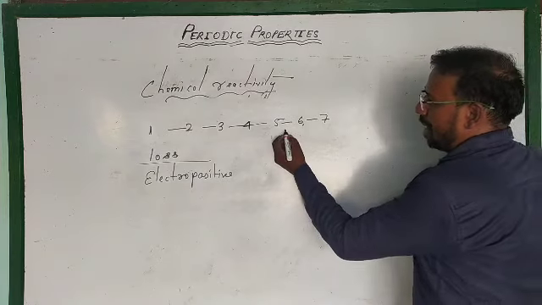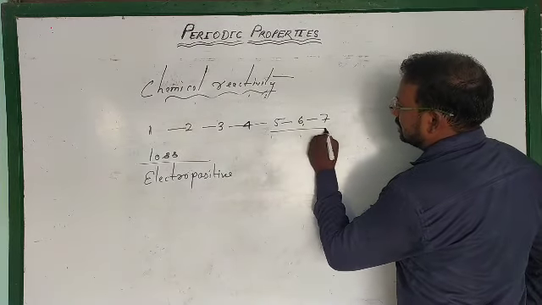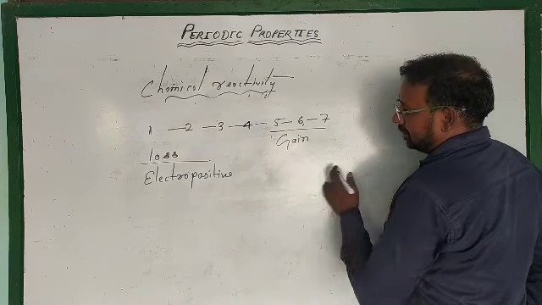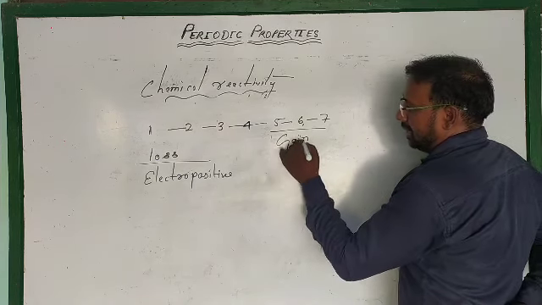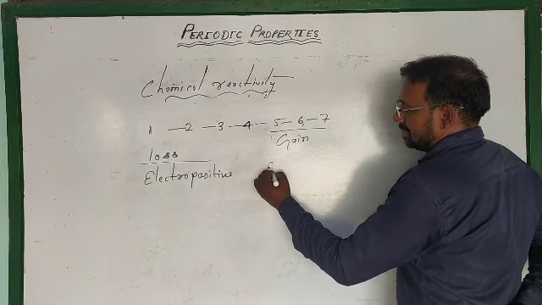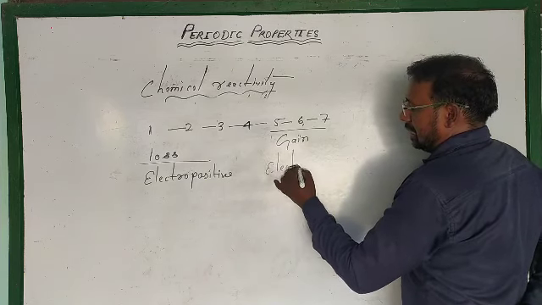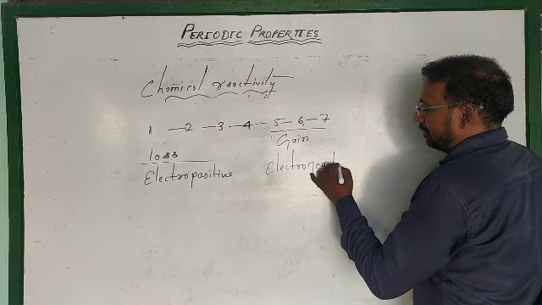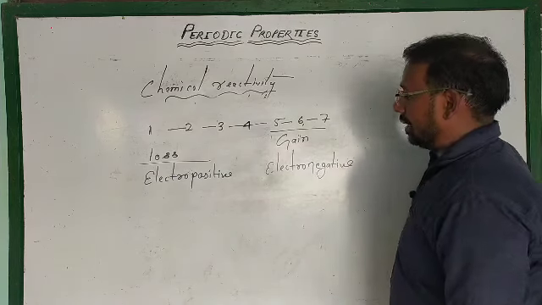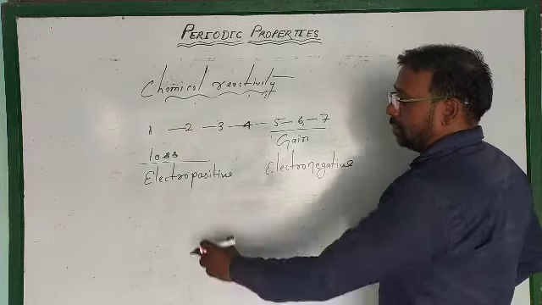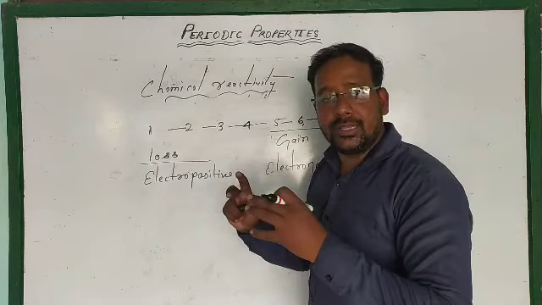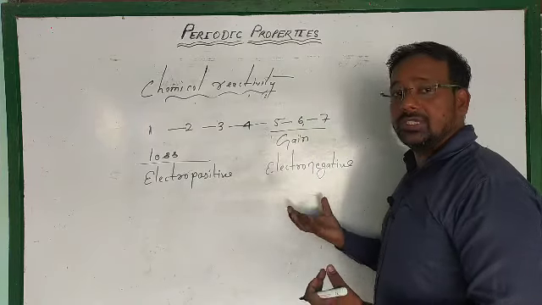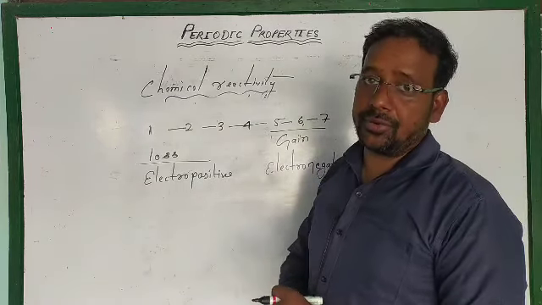But in the case of 5, 6, 7, they will gain electrons, and they are known as electronegative. Electropositive means having the tendency to lose electrons, and electronegative means having the tendency to gain electrons.